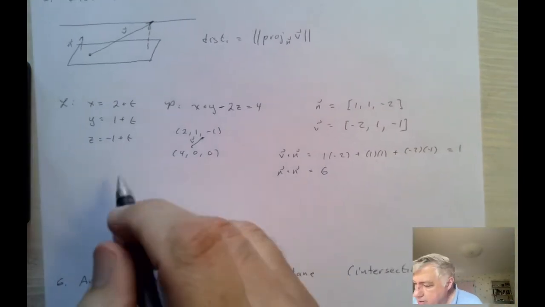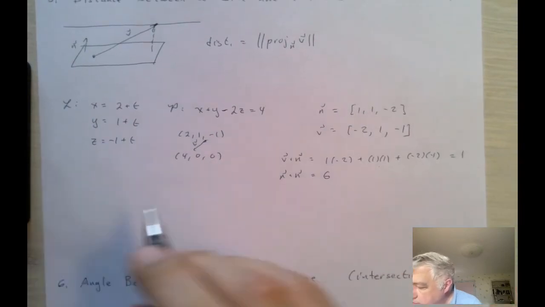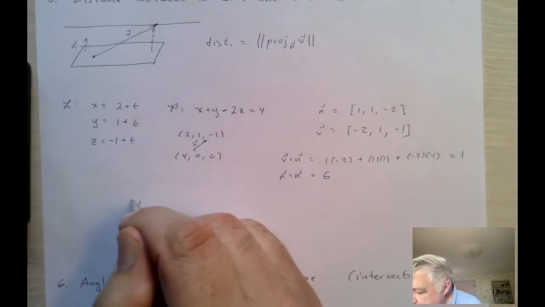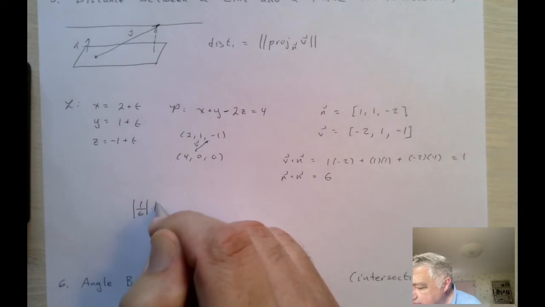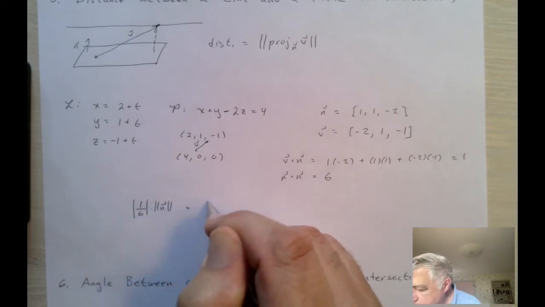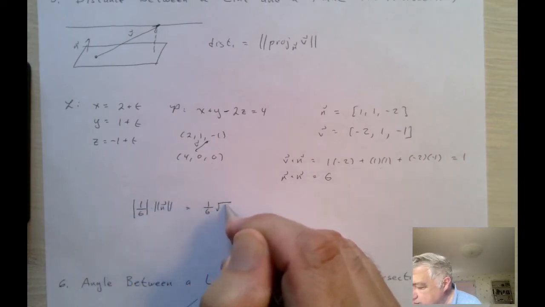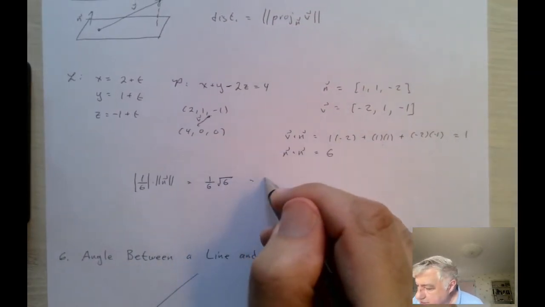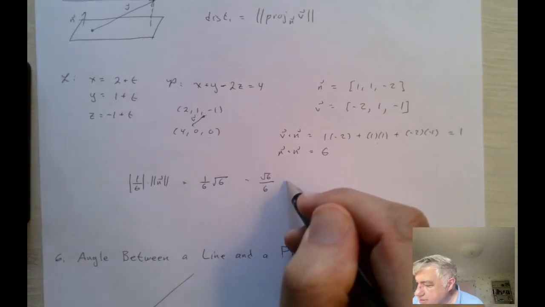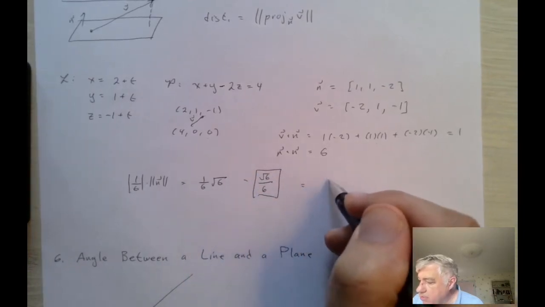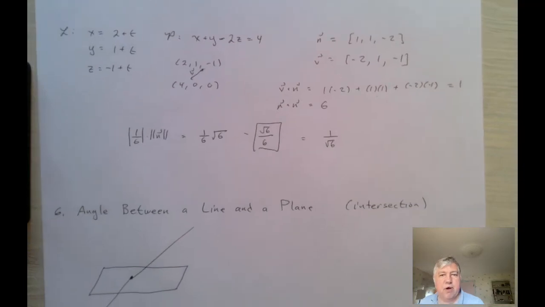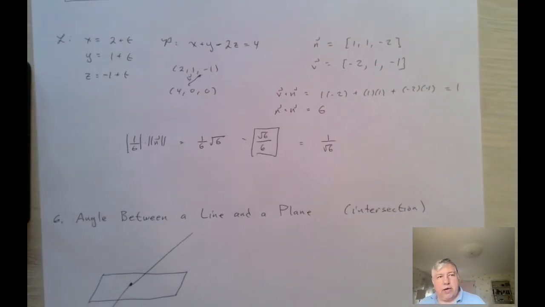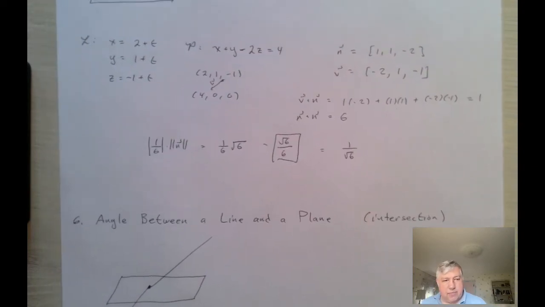So for the projection, we take the absolute value of 1/6 times the length of n. The length of n is the square root of 6, so we can just write this as the square root of 6 over 6, or 1 over square root of 6 if you want to do it that way. We get the distance that way.